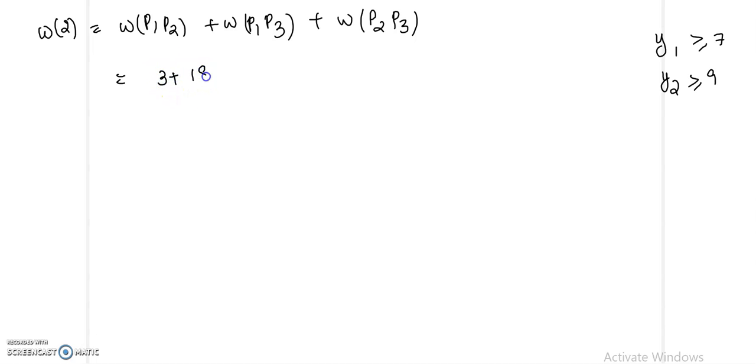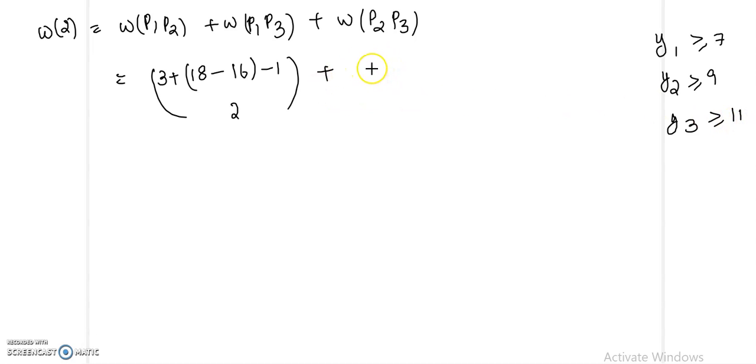So 3 plus 18 minus 16, n plus r minus 1 choose n minus 1, gives 4 choose 2. Now P3 is y3 greater than or equal to 11.